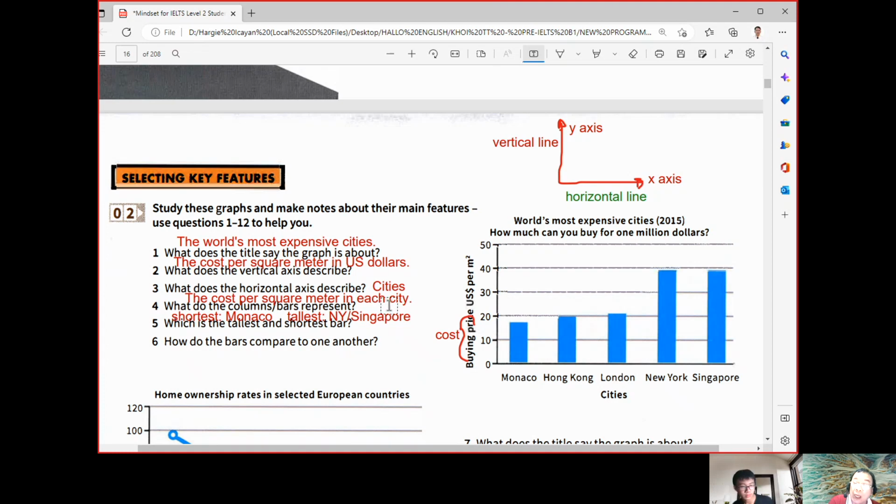Do not make an essay, do not make a paragraph unless you are told to do so. In this particular exercise, we just need to answer the questions. That's all about the graph, no more, no less.